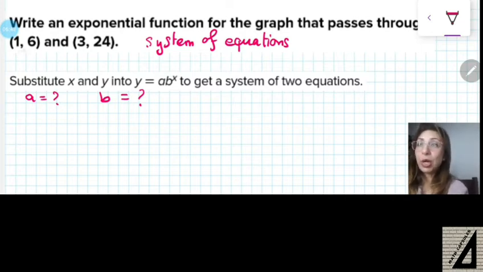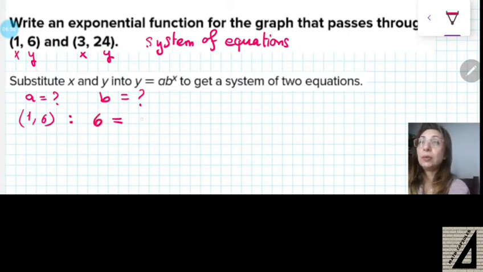And we know that for any point, the first value is for x, the second value is for y. So the first equation, for (1, 6), will be y, that is 6, equals a, which is the unknown, times b, which is also the unknown, to the power of x, that is 1.